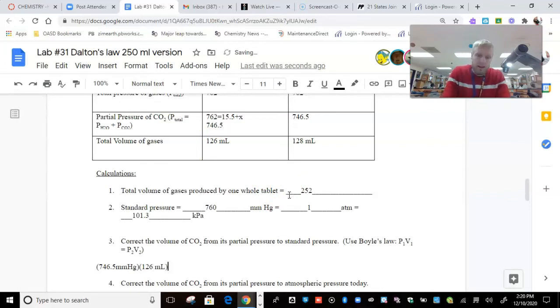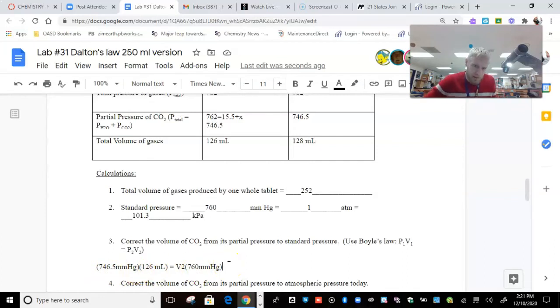That equals our volume 2, our new volume, times standard pressure, 760 mmHg. Always 760 if we're in mmHg. From here I'm going to take 746.5 times 126 and divide both sides by 760.